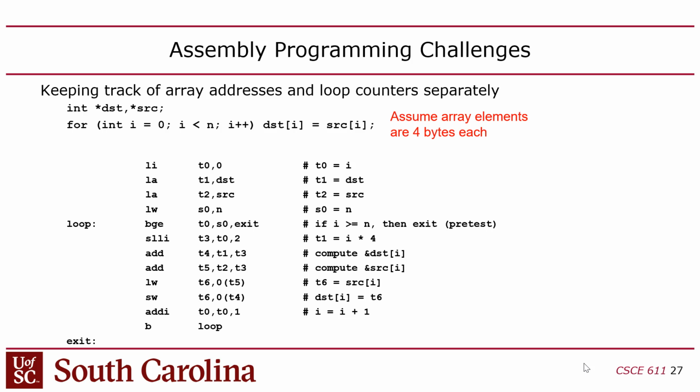But I had this on here just to illustrate one of the reasons why writing RISC assembly is so painful, because in this case you have to keep track of this loop counter, but then in order to use that loop counter as an index into these two arrays, you have to maintain these arrays separately, and you have to calculate effective addresses by taking that I and multiplying it by the size of the element in the array, right?